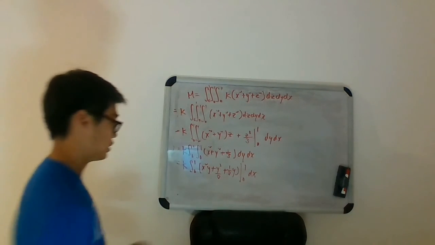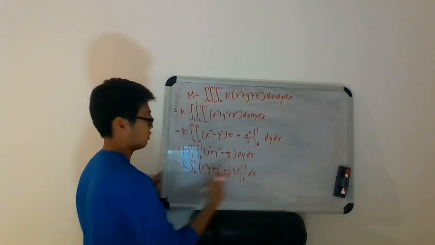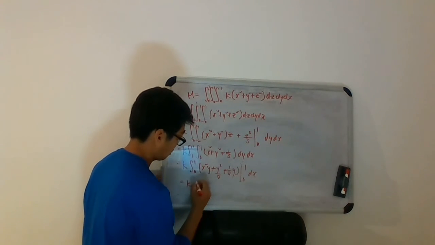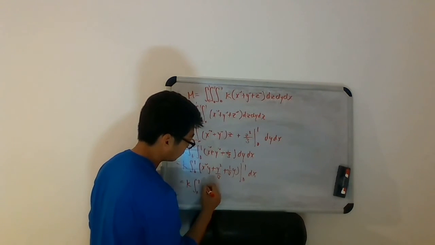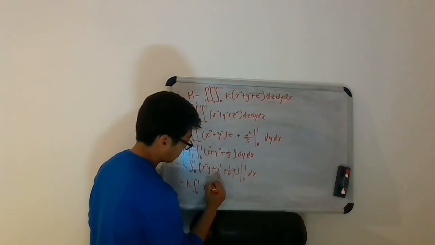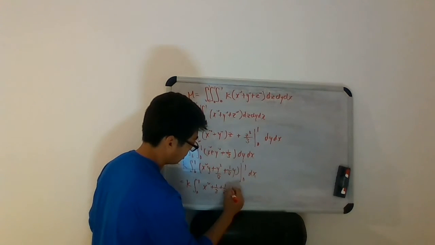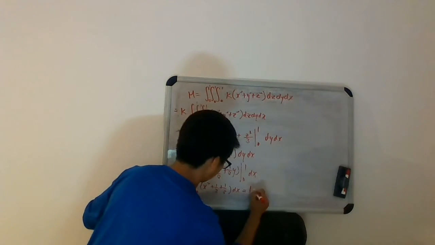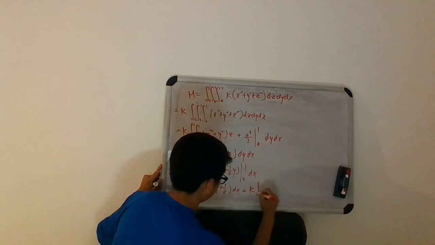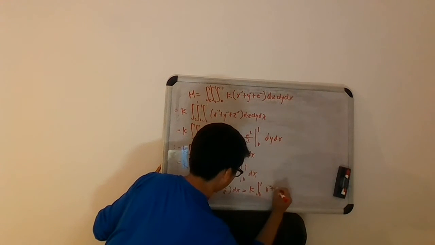And so again, using FTC, plug in a 1 for y, subtracted by plugging in 0 for y, you get k times the integral from 0 to 1 of x squared plus 1/3 plus 1/3 dx. And so that's also equal to k times the integral of x squared plus 2/3 dx.